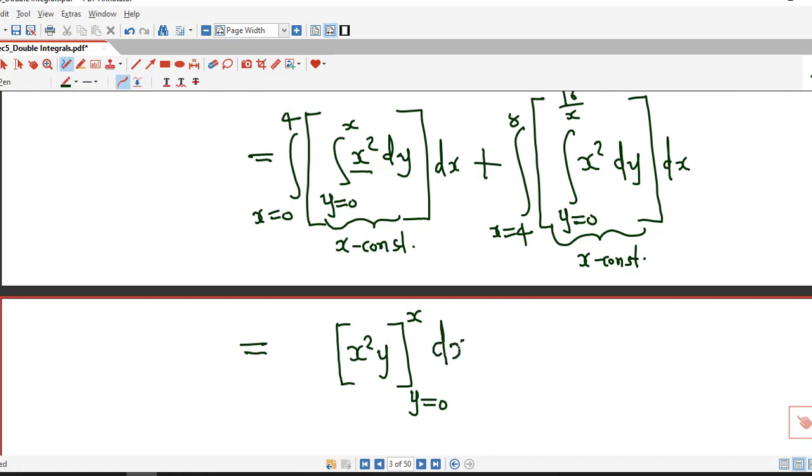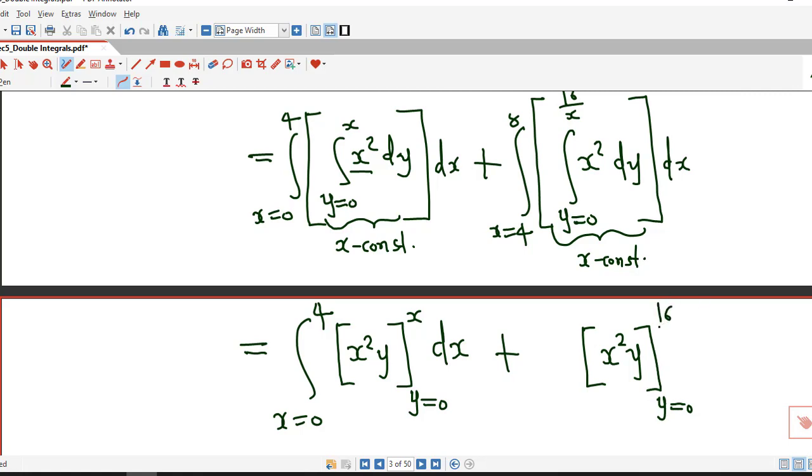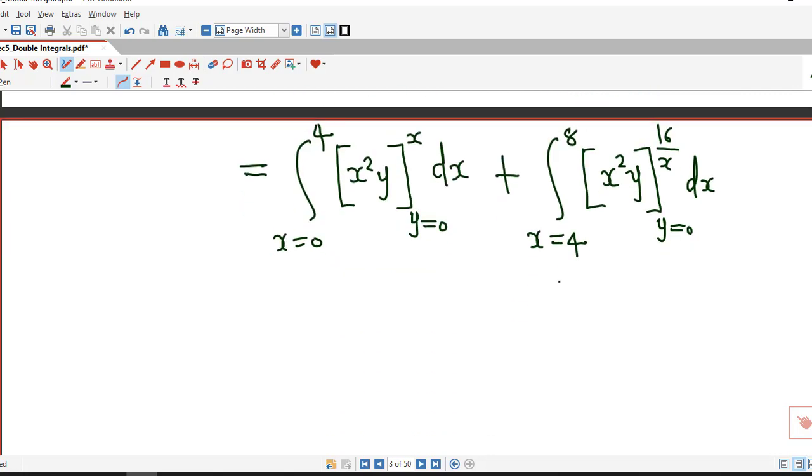Then we will integrate with respect to x from x equal to 0 to x equal to 4. Here also the integral is x square into y, but the upper limits of y are different. Here y is from 0 to 16 by x, and then we integrate with respect to x from x equal to 4 to x equal to 8.